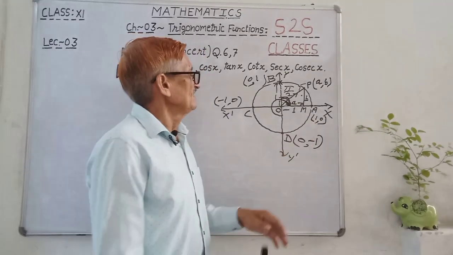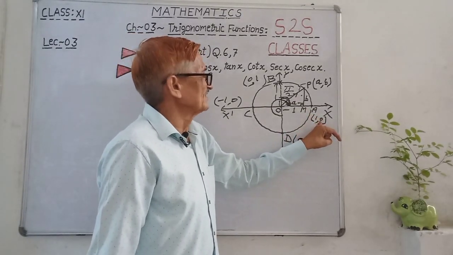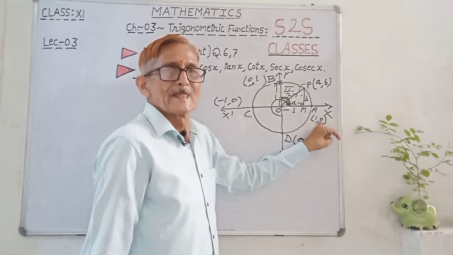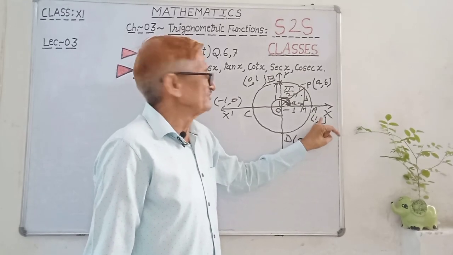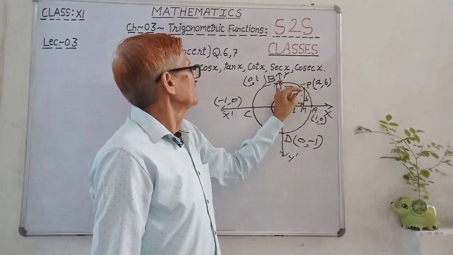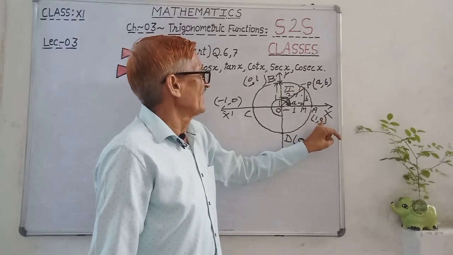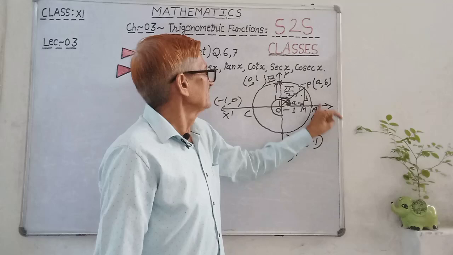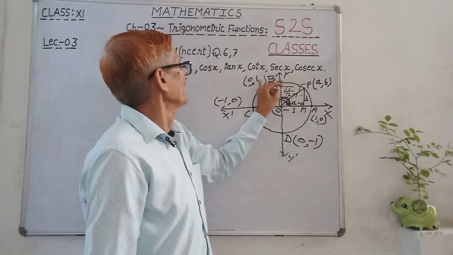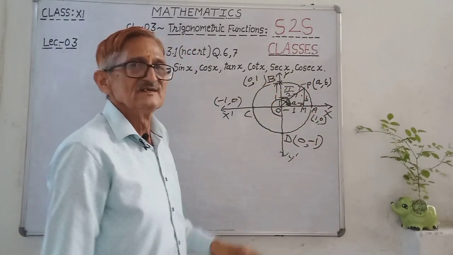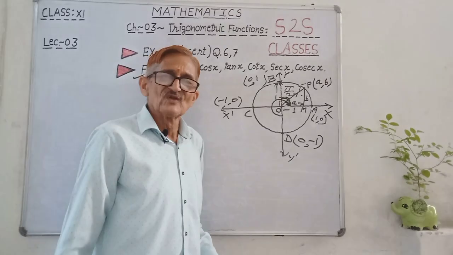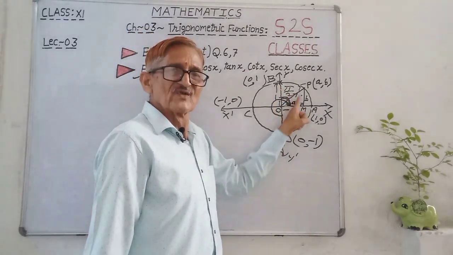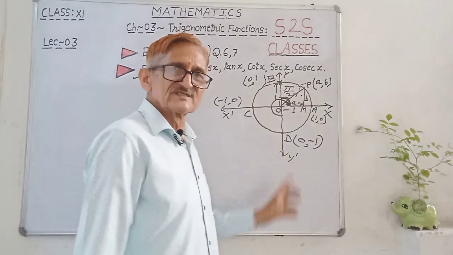After that you see for the sine function, if the angle goes from 0 degree to 90 degree, then the sine value is going to increase from 0 to 1. Okay, from 0 to 1. So like this the sine function and cos function are clear from this one unit circle.